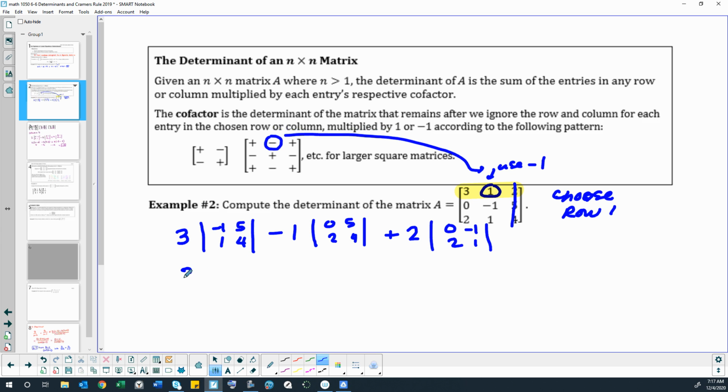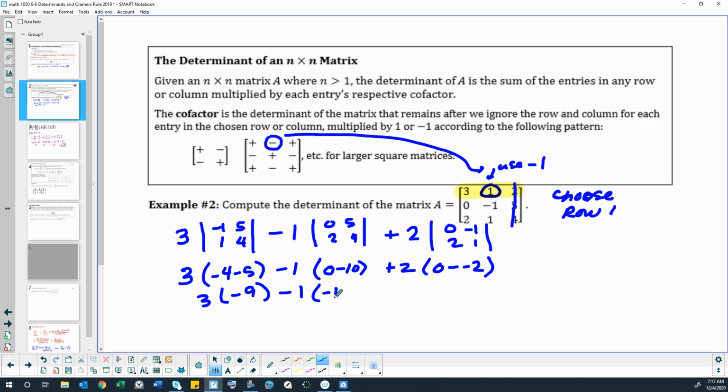All right, here we go. Let's find the determinant. So 3 times -4 minus 5, minus 1 times 0 minus 10, plus 2 times 0 minus -2. So that gives us 3 times -9 minus 1 times -10 plus 2 times +2, because we're subtracting -2.